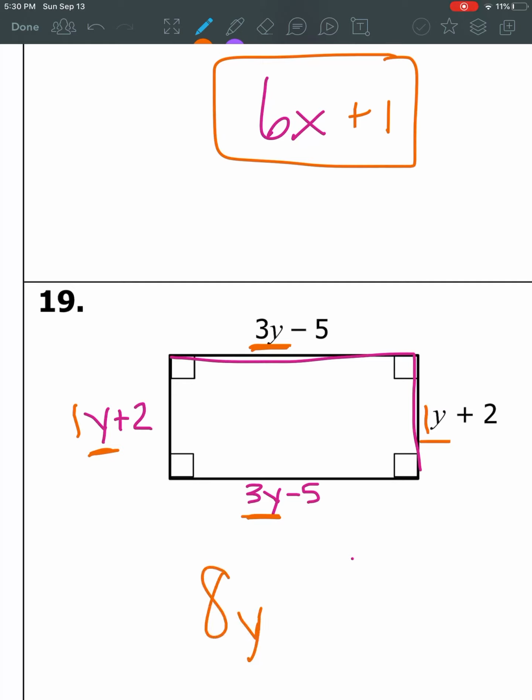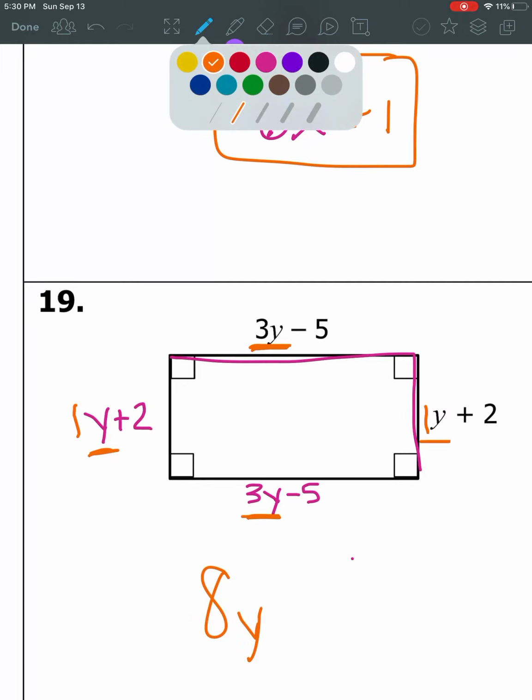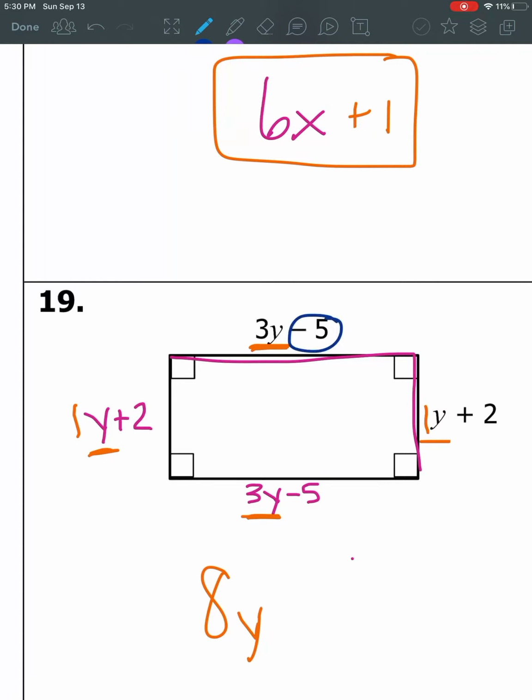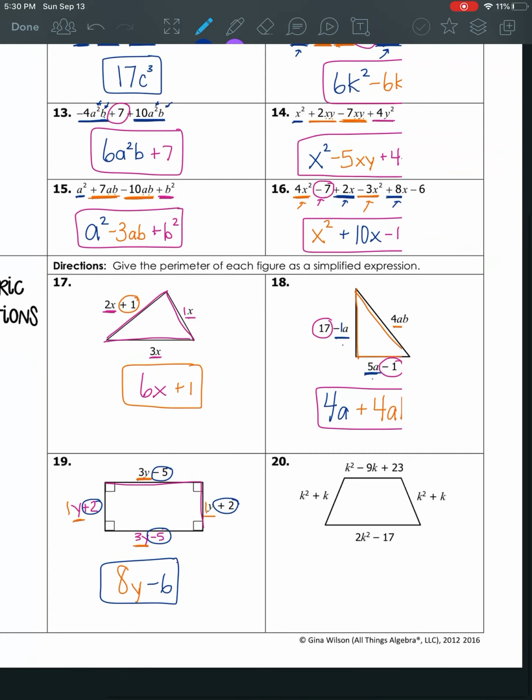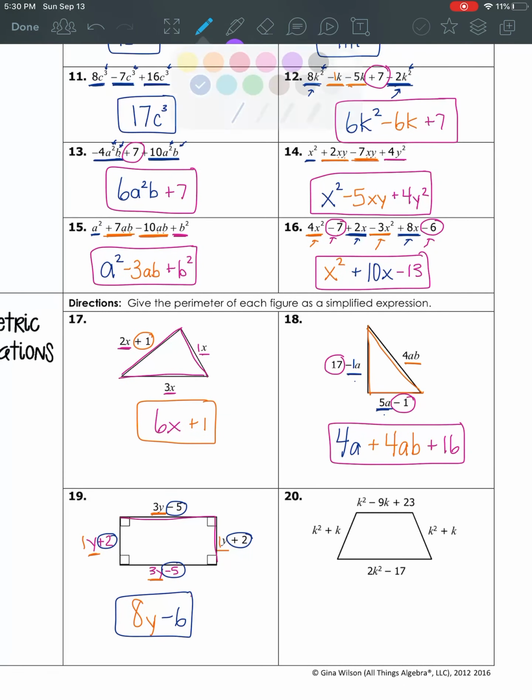So we can combine all those. 3 plus 3 is 6, plus 1 plus 1, so we have 8 total y's. Then our constants, we have a -5 and a -5, so that's -10. Plus 2 is -8. Plus 2 more is -6. So 8y minus 6.